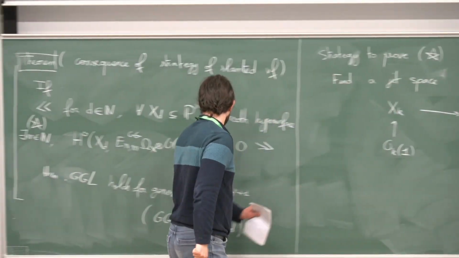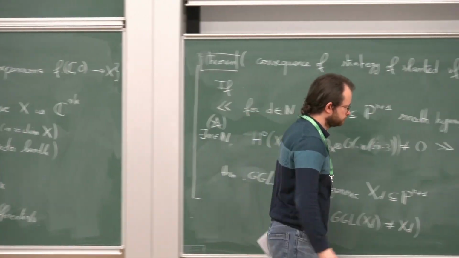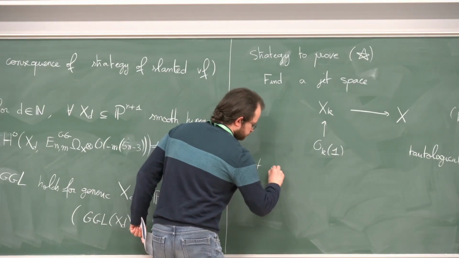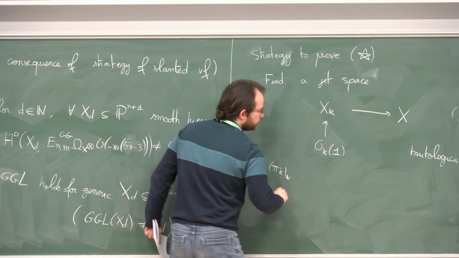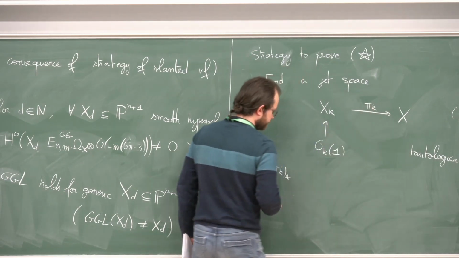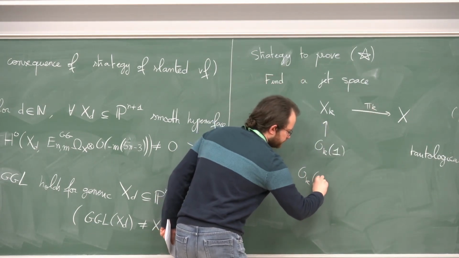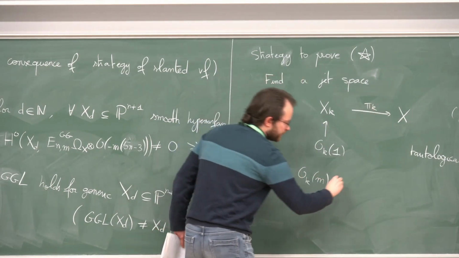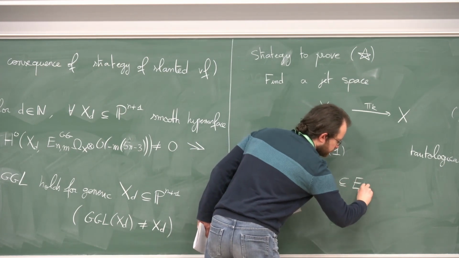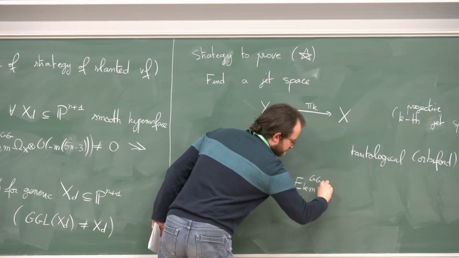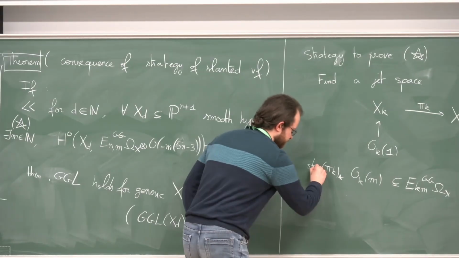Whose sections give you sections of these algebras. So let me call that again, such that if you push down these sections, you get Green-Griffiths jet differentials. So that's the first step.